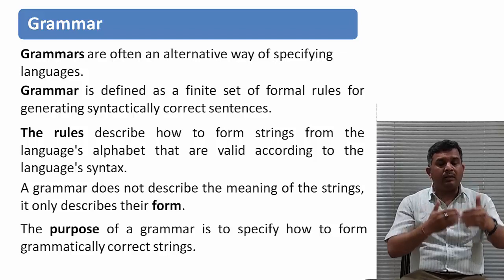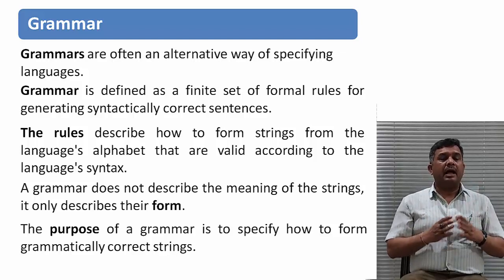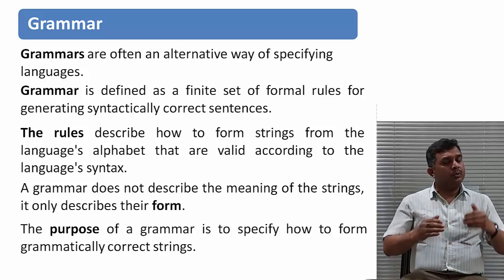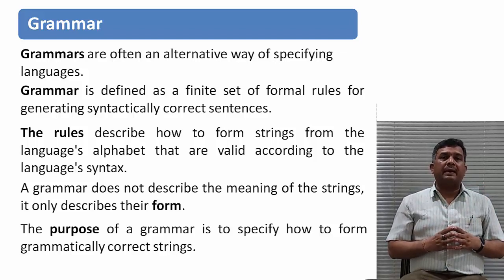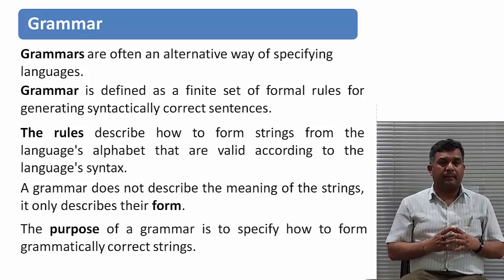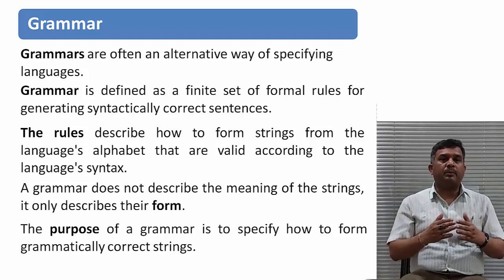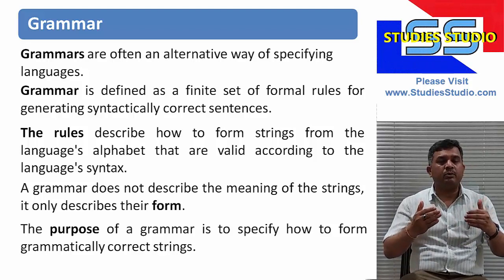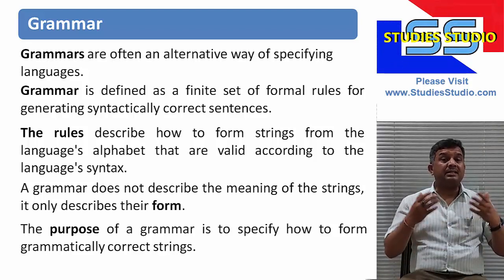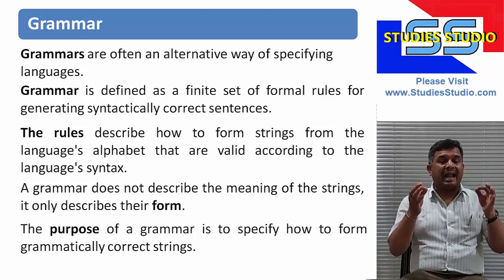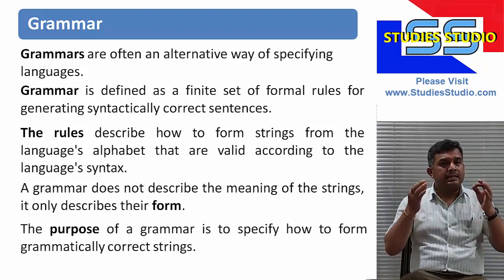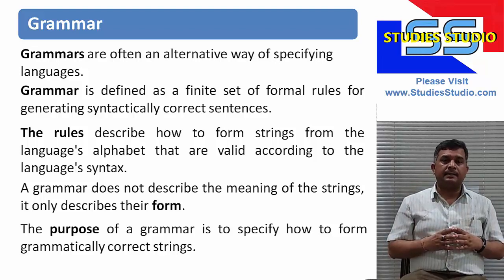Now you take all these statements and try to relate them to our general English language. So every time we are talking about a grammar, it is nothing but we are conveying something. From the computer point of view, we are conveying to the computer in the form of languages. And as I have already told you, the grammar is basically formal rules for generating syntactically correct sentences.